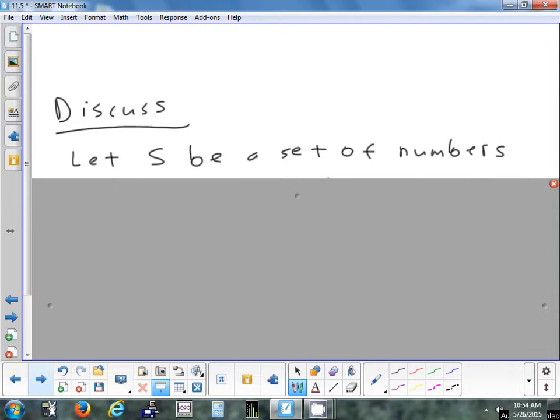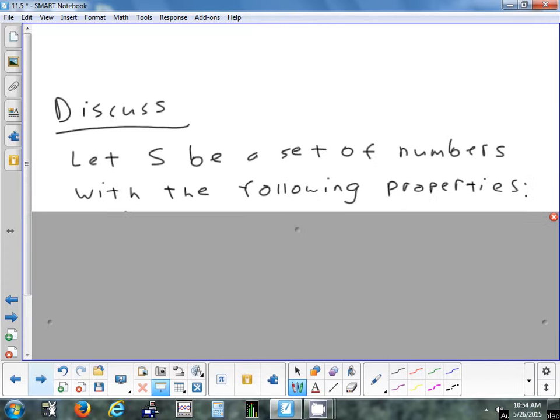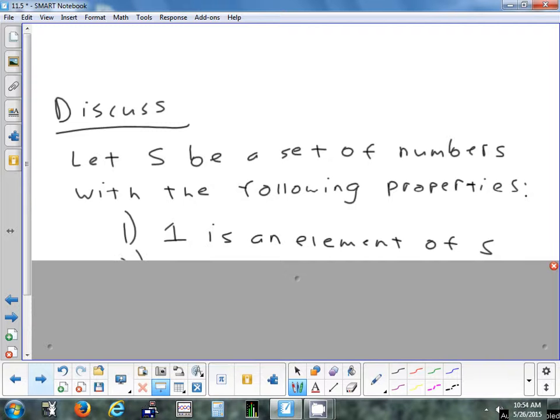Okay, first thing I'm going to do is just describe to you a set of numbers. I'm going to give you 2 characteristics about this set to kind of get you to start thinking inductively a little bit. Okay, so this set has 2 properties. Okay, first thing I'm going to tell you is that the number 1 is in the set.